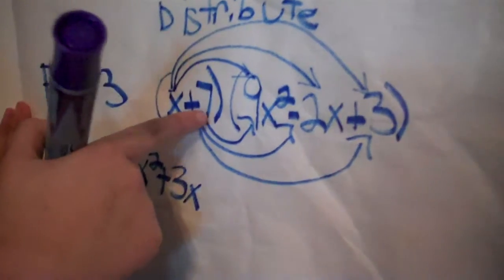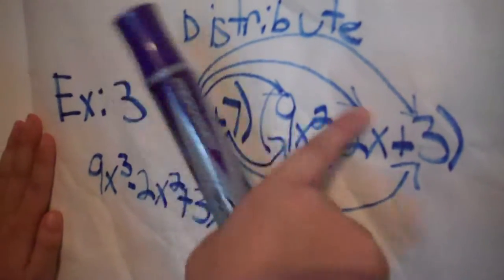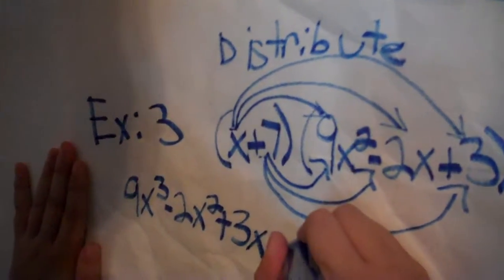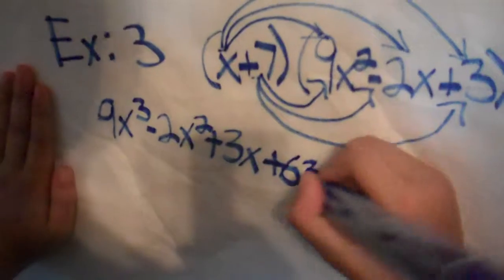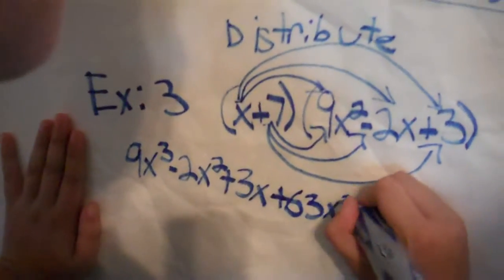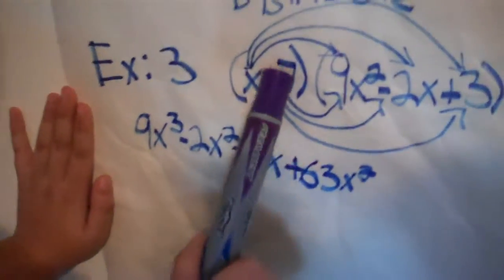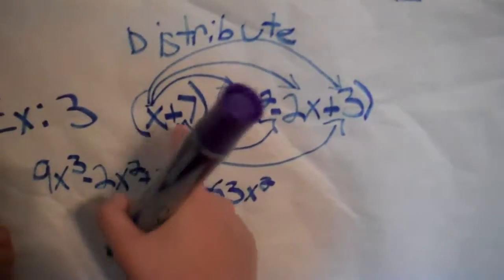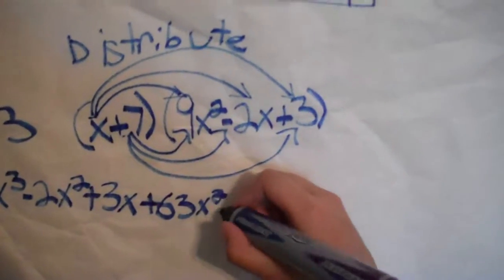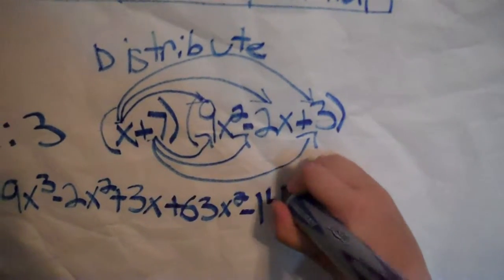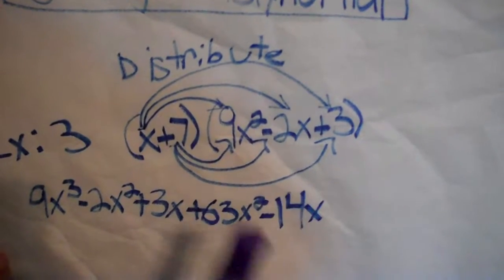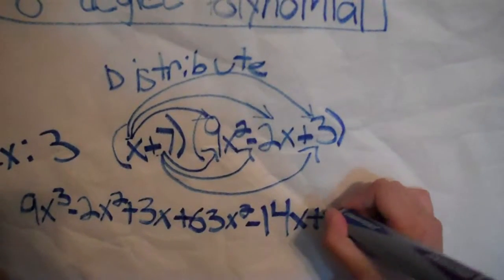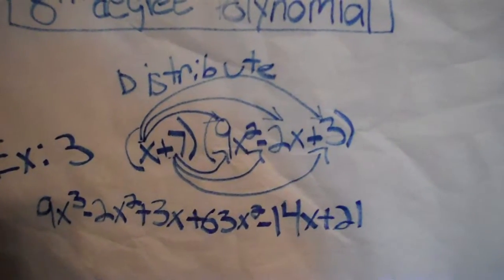So 7 times 9x squared is positive 63x squared. Next, 7 times negative 2x is negative 14x. And finally we have positive 7 times positive 3, which is positive 21.